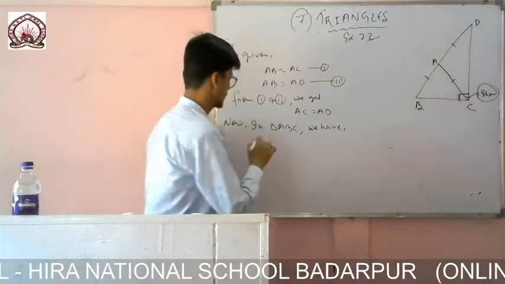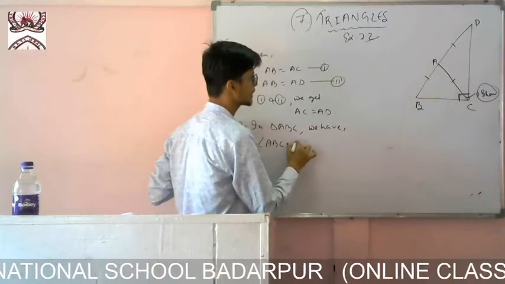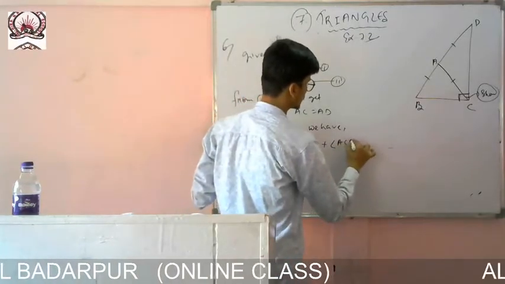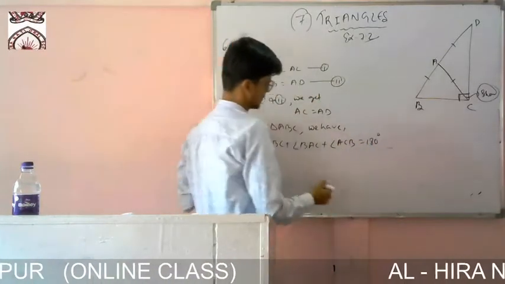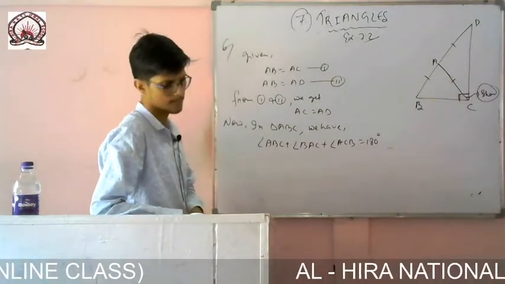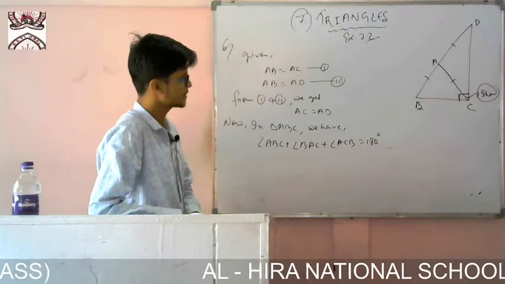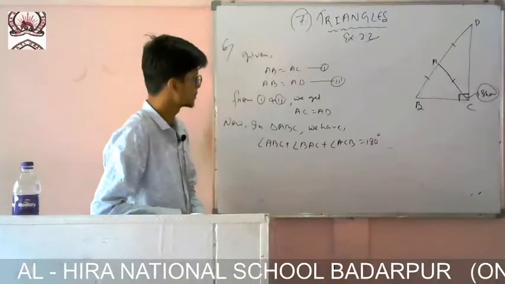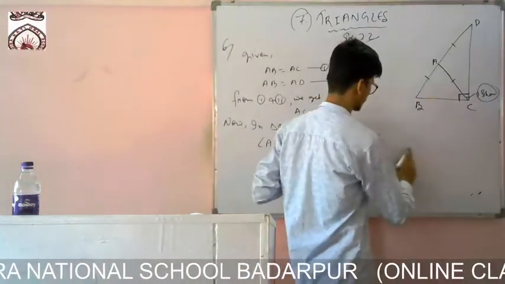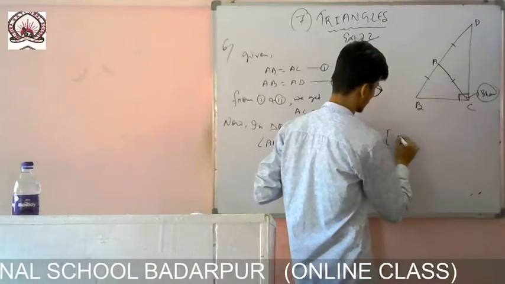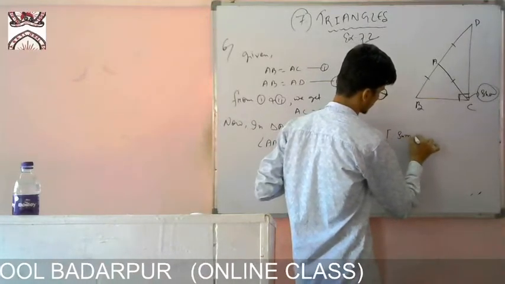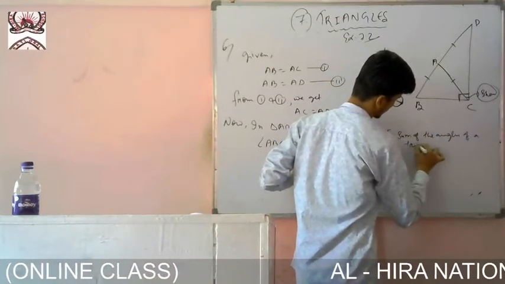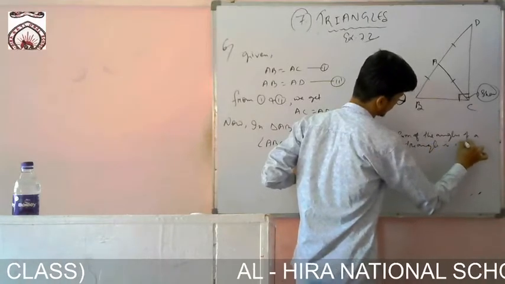In triangle ABC, we have angle ABC plus angle BAC plus angle ACB equals 180 degrees, since the sum of the angles of a triangle is 180 degrees, or you can write angle sum property.